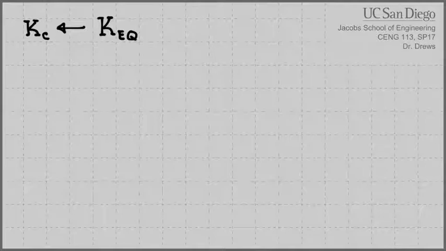K sub C is the equilibrium constant in terms of concentrations. The equilibrium constant KEQ is a thermodynamic equilibrium constant. We need to figure out what the relationship is between the two of those. If I could make sparkles appear on this screen, the sparkles would appear around KEQ. This is the best I can do for sparkles.